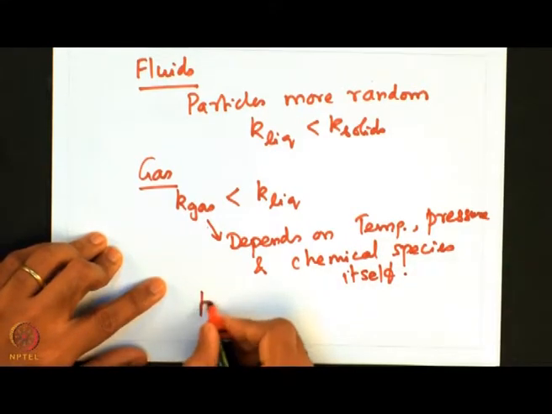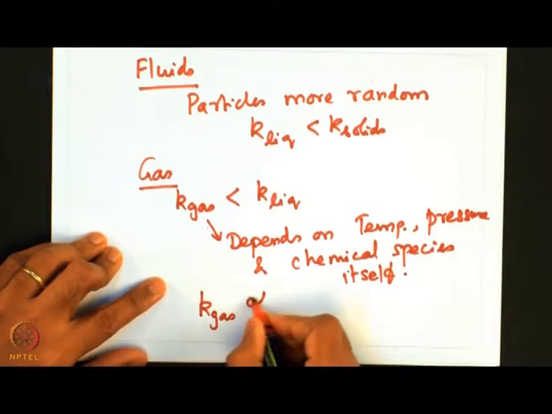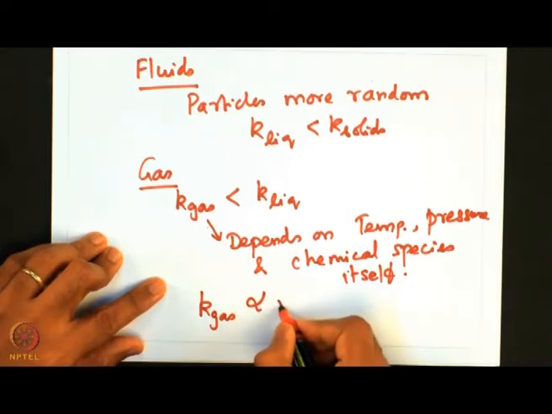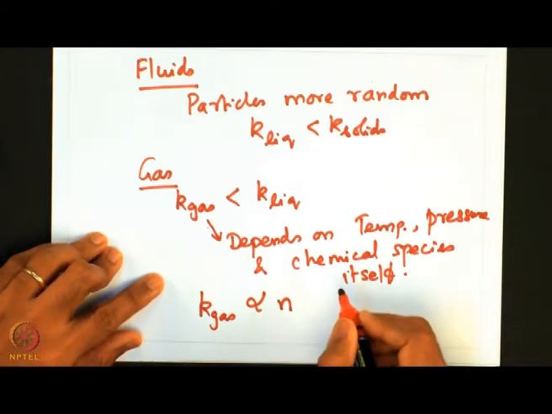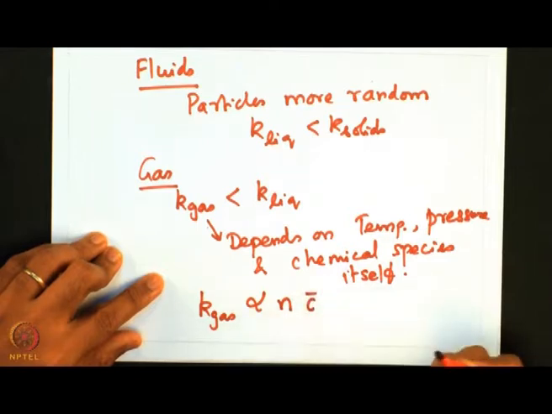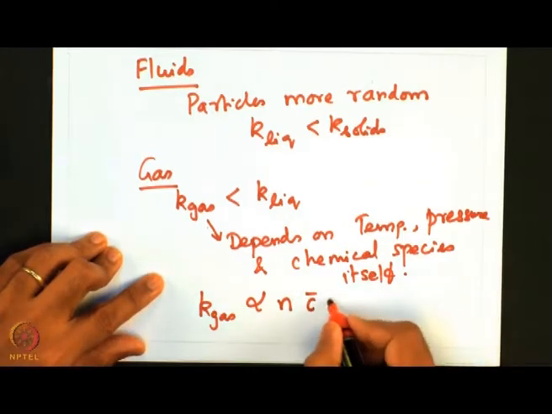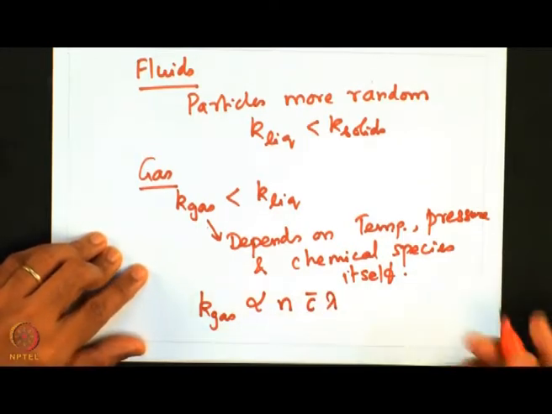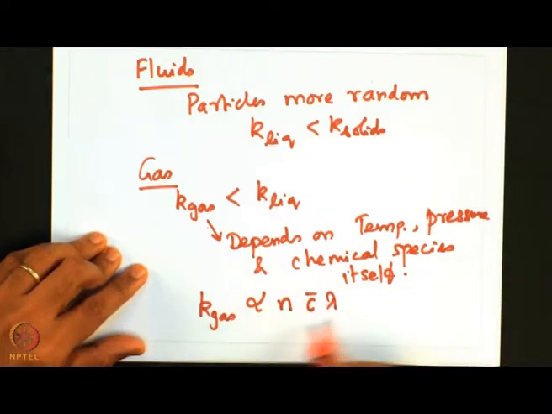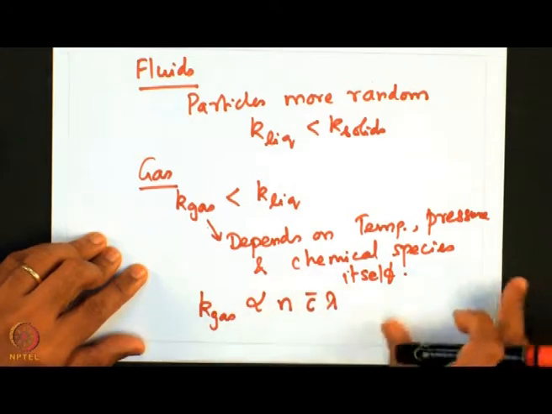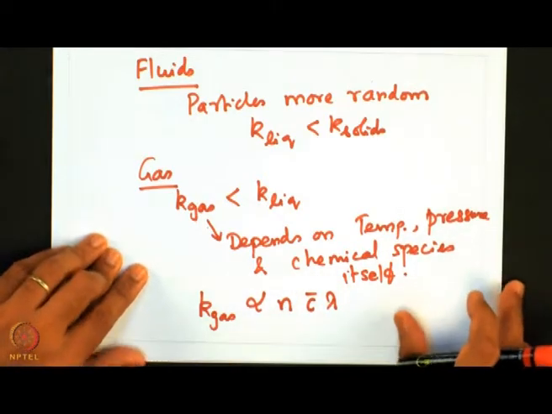The conductivity of the gas is typically proportional to the number of particles per unit volume, the mean molecular speed c bar, and the mean free path lambda. Different gases have different mean free paths and different molecular speeds. As a result, different gases will have different conductivity.